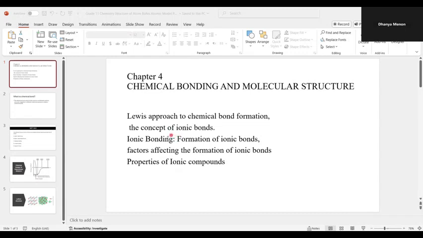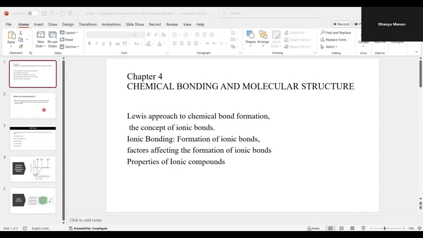molecules, right? Now, when they form molecules or when they form different compounds, there will be attractive forces between the elements that have combined to form compounds. Okay, and those attractive forces are called a chemical bond.